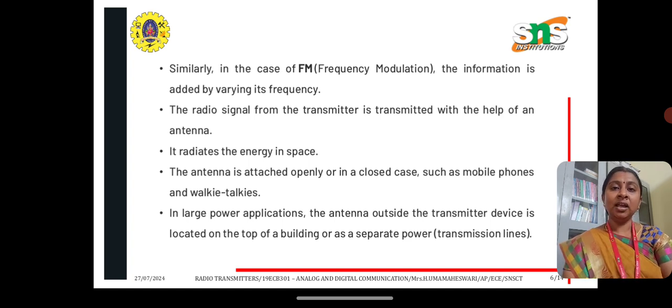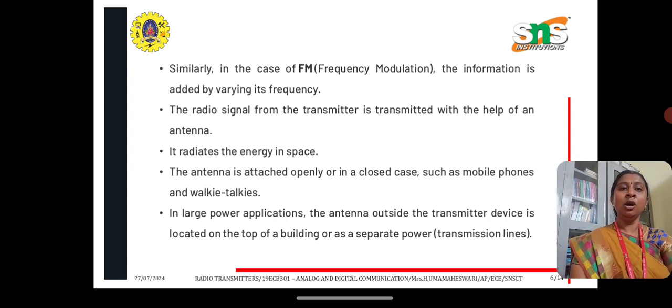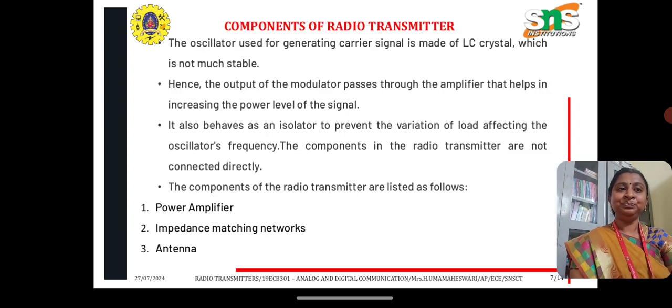The radio signal from the transmitter is transmitted with the help of an antenna, where it radiates the energy in space. The antenna is attached openly or in a closed case such as mobile phones and walkie-talkies. In large power applications, the antenna outside the transmitter device is located on the top of a building or a separate power.